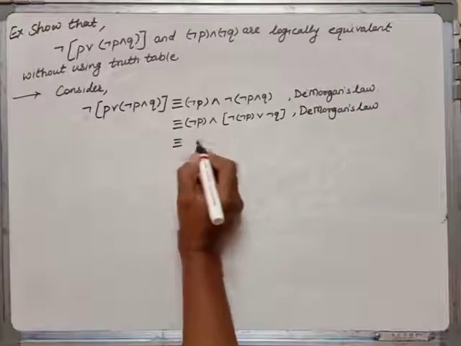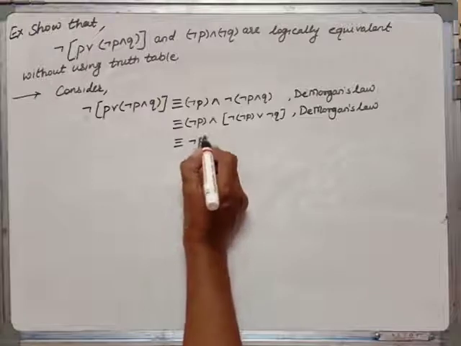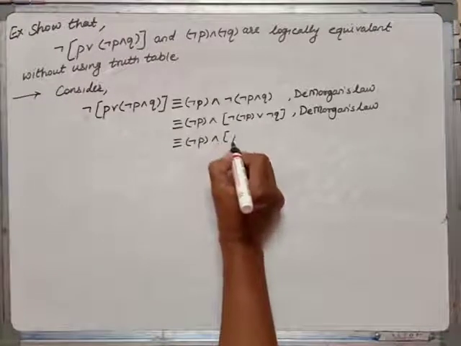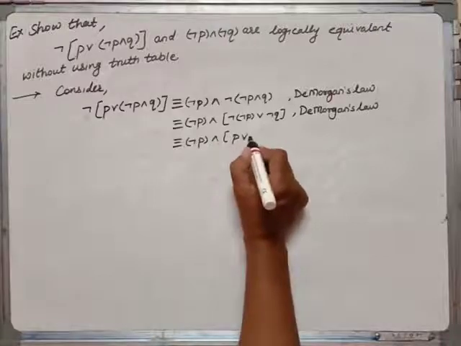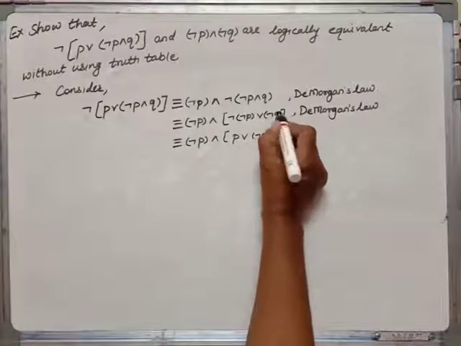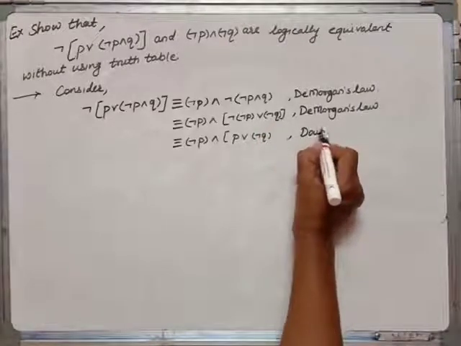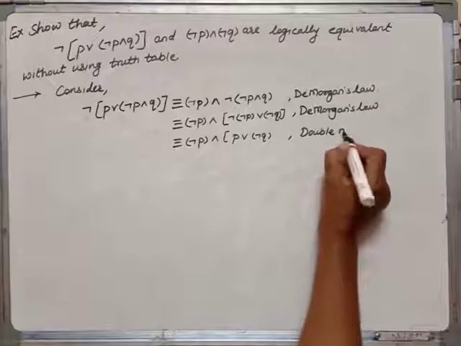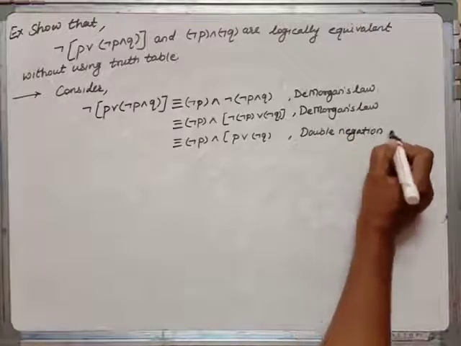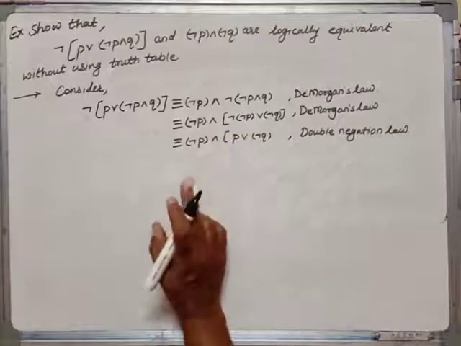Now this is equivalent to negation P as it is, and this negation of negation will become P or negation Q. This is by double negation law. Negation of negation will give same.